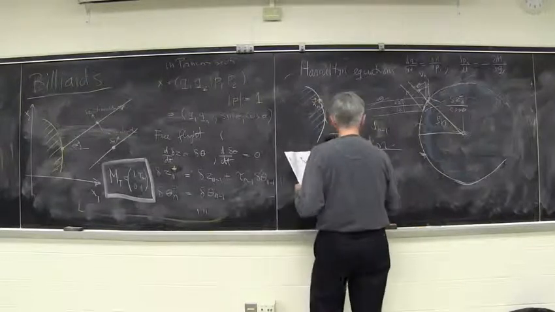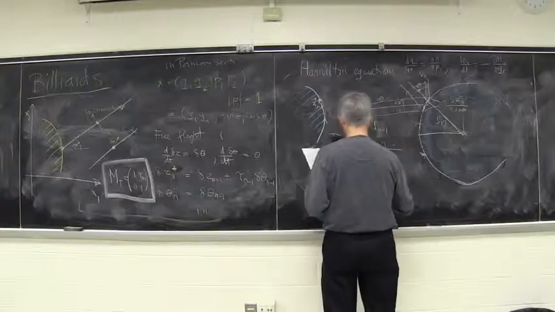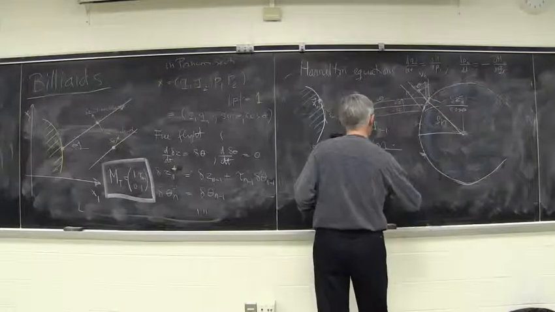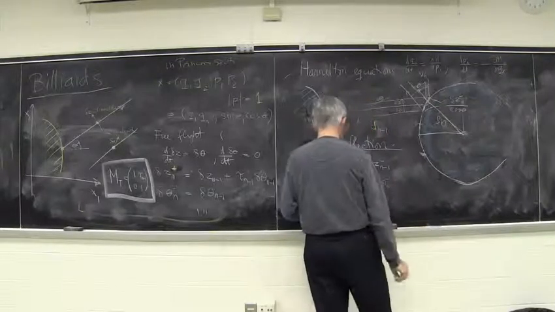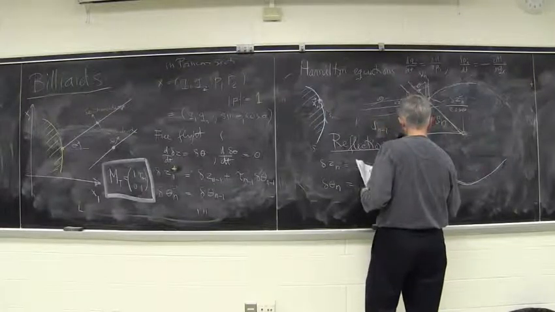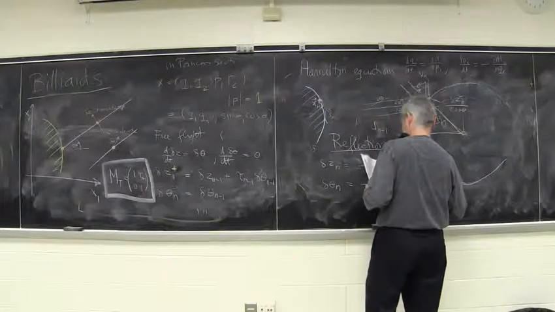So delta theta after the acceleration, again, is minus delta theta before. This comes from reflection, but now you get a term which is minus 2 over rho n cosine.